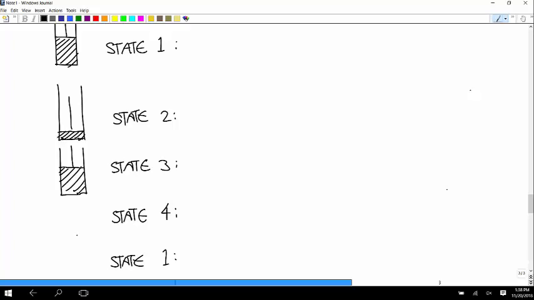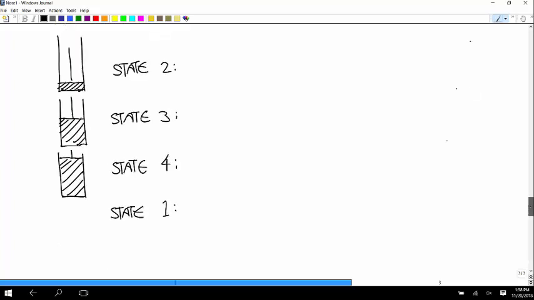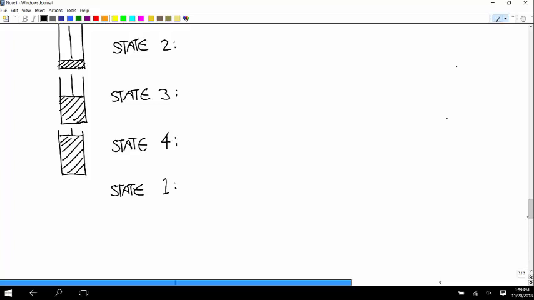At state 4, it's continued to expand, so it's all the way full. I say full, it's the same amount of material, but we're just talking about the amount of volume. And then state 1, it's returned to halfway.